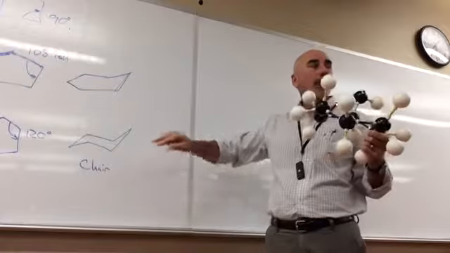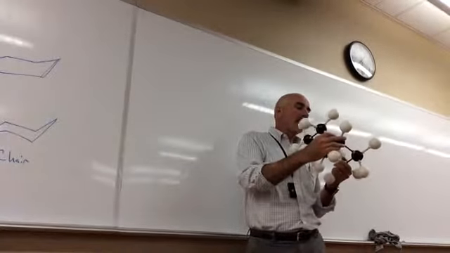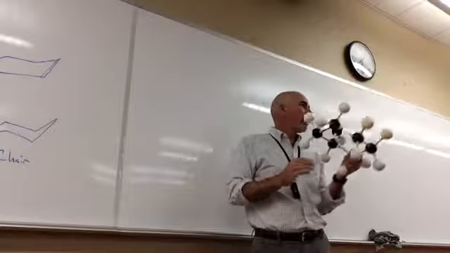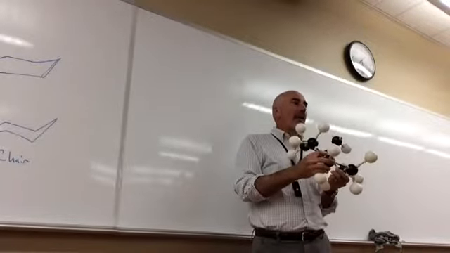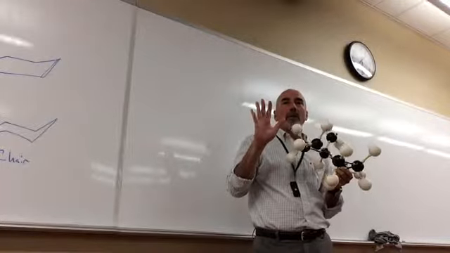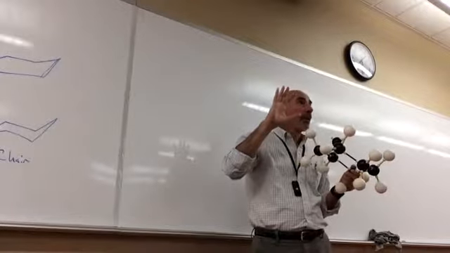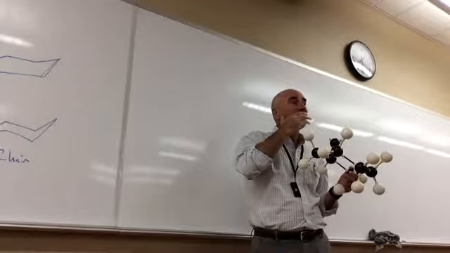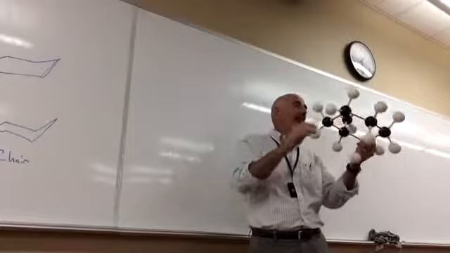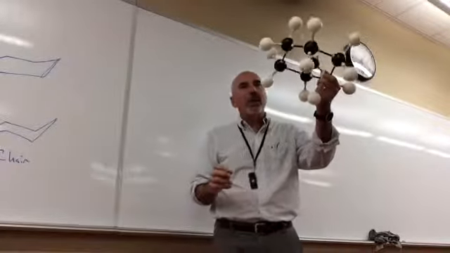Okay? So there's lots of chair cyclohexane type rings in biology, and most of the time they draw them flat. But every so often, they have to be completely saturated, so they have to be all sp3.